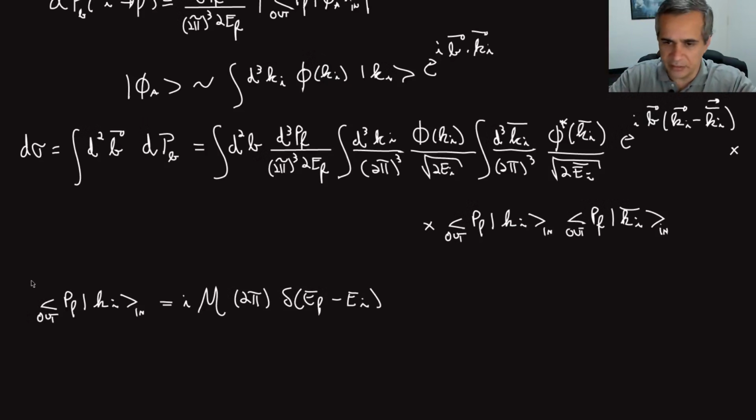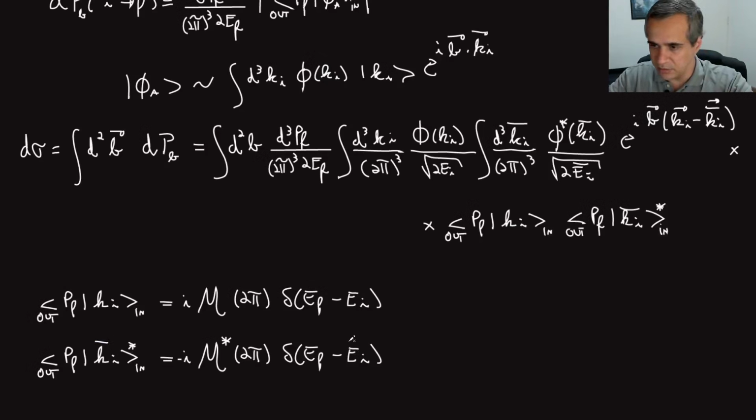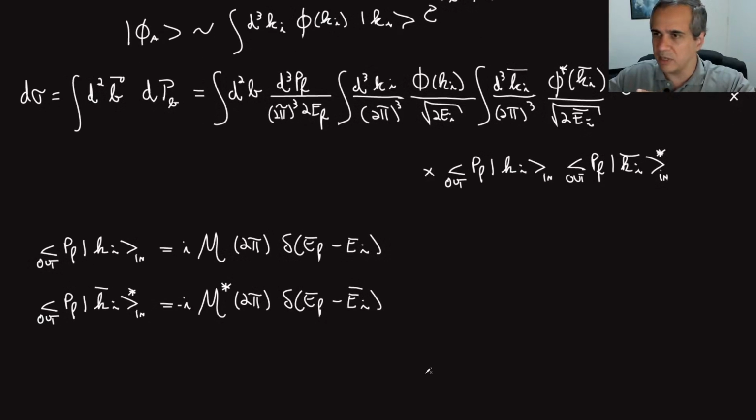This other guy is very similar. Actually, I forgot a star here. It's the complex conjugate. I just have to take this, take the complex conjugate, so there's a minus here, and put star here, and put bar everywhere. So this is ki bar, this is Ei bar. And there are also two more Dirac deltas coming from the integration on the impact parameter.